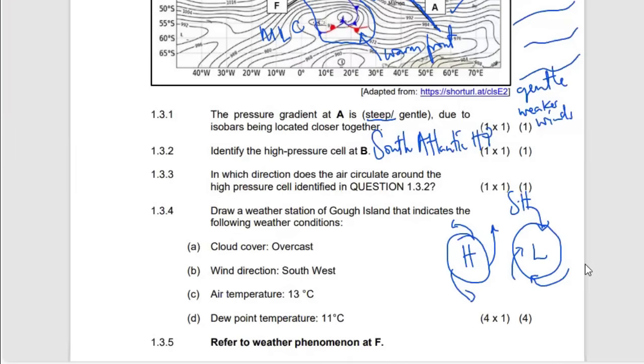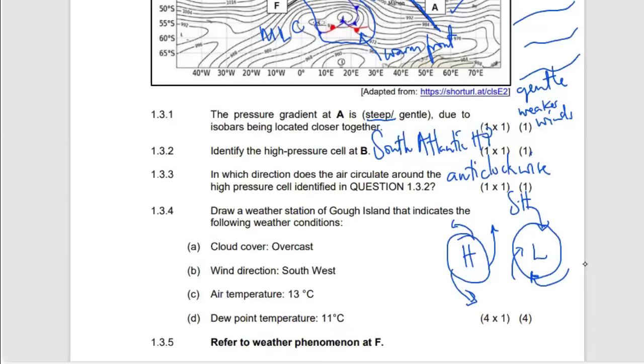So it's anti-clockwise out of the high pressure cell and clockwise into the center of the low pressure cell in the southern hemisphere. For the northern hemisphere, it's the opposite. So here our correct response is anti-clockwise direction. That's the circulation.